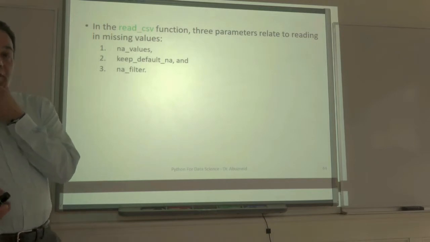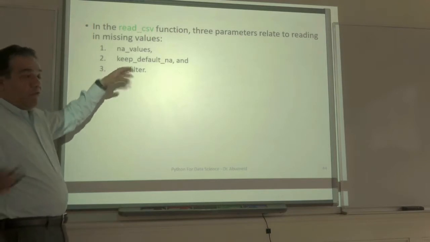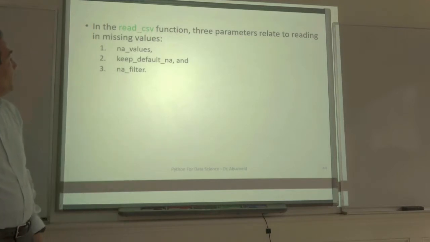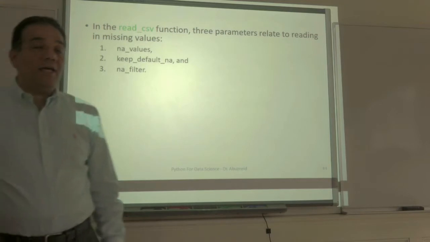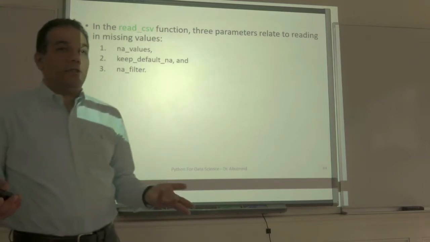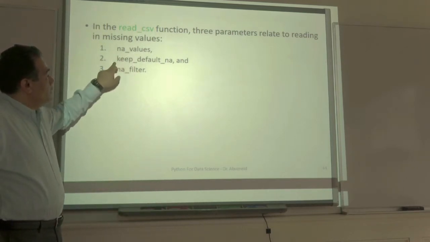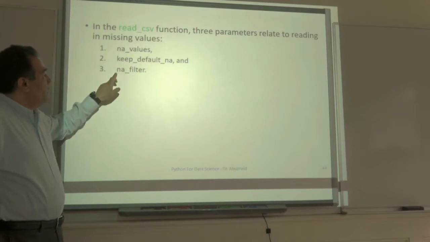So loading data: we use the read CSV function. Three parameters relate to reading and missing values. If you have a CSV file that has missing values, you could control how you read it. You have na_values, keep_default_na, and na_filter.